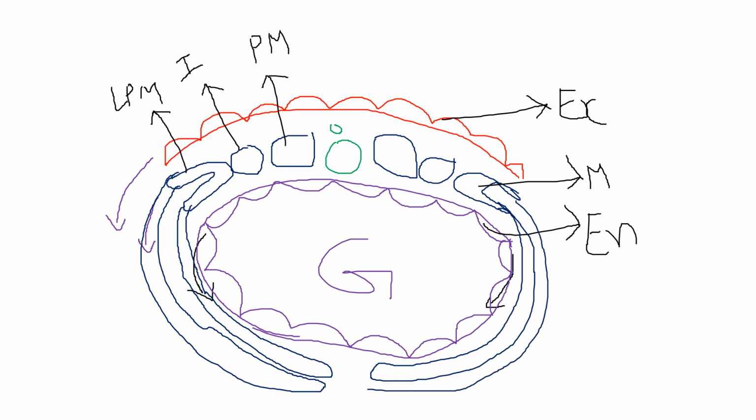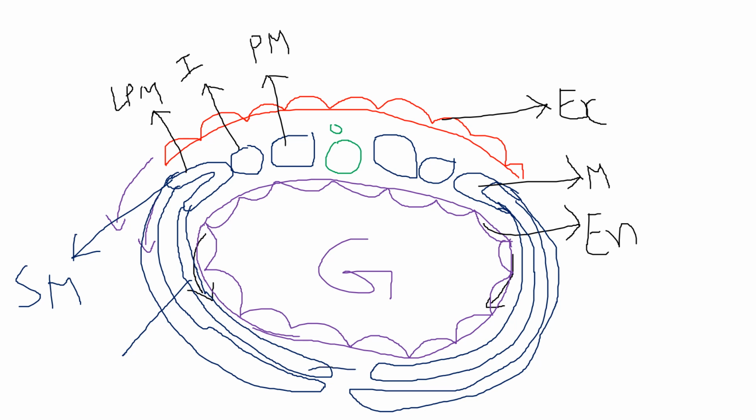Now, what is the name of this anterior and posterior layer of the lateral plate mesoderm? The posterior layer is called somatopleuric mesoderm. I just want to name it as SM. And the anterior one is extending further anteriorly and is going to join with each other.